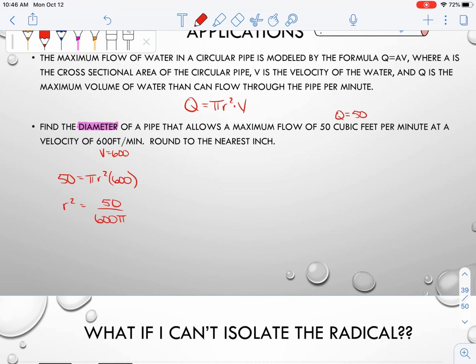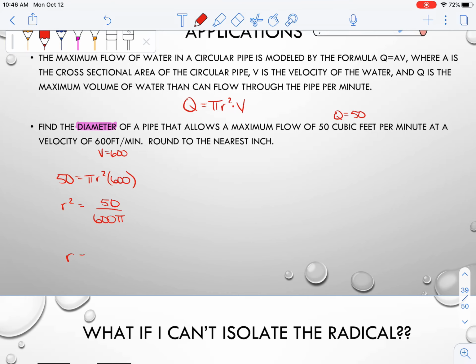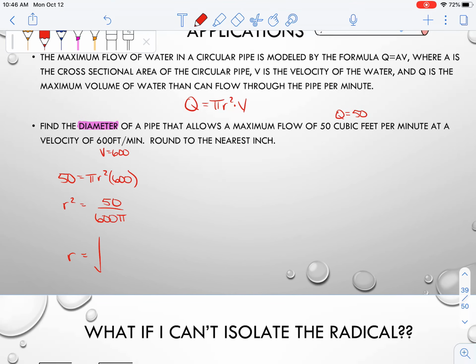Yes, I know I can reduce that, but for right now I'm going to leave it like that, and take the square root of both sides. The decimal here is what's really going to be important. So here I have the square root of 50 divided by 600 pi.